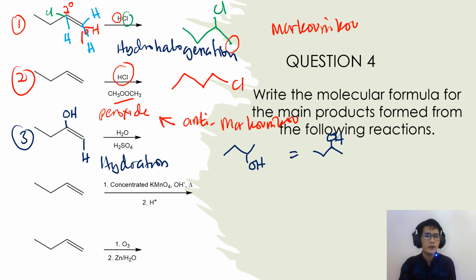So look at direction number 4. You break the bond over there. Here we have 1 hydrogen atom and here you have 2 hydrogen atoms.